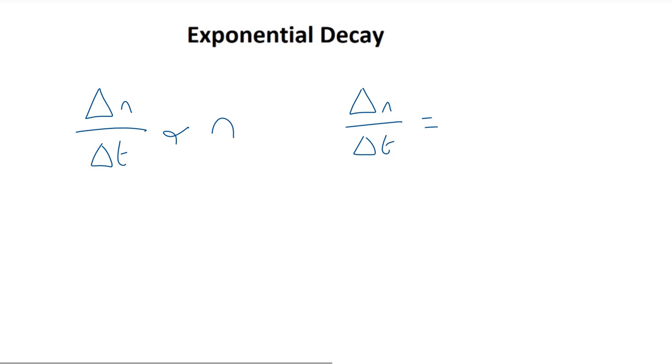That is, the rate of change of undecayed nuclei, in other words delta N over delta t, is directly proportional to the number of undecayed nuclei. In a sense, this means that the more undecayed particles there are, the more that will eventually undergo decay. As this is a direct proportionality relation, I can replace this proportionality sign with an equal sign as long as I include a constant. Here I've called this constant minus lambda.